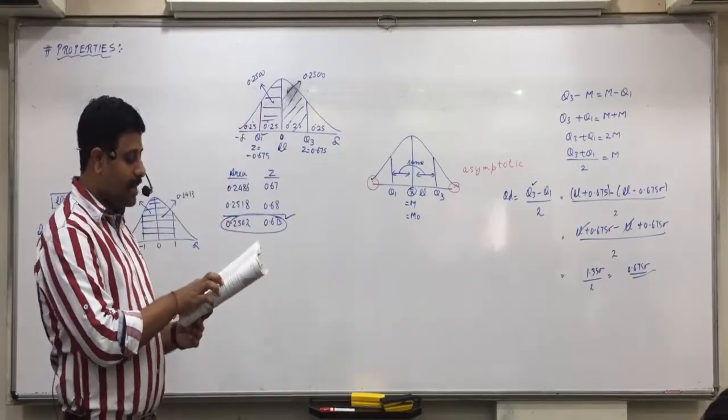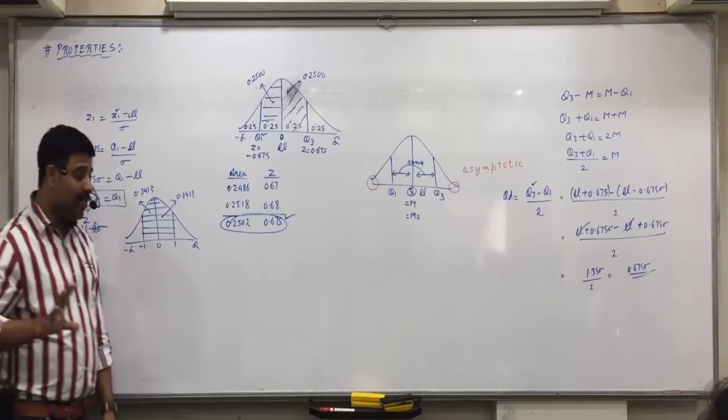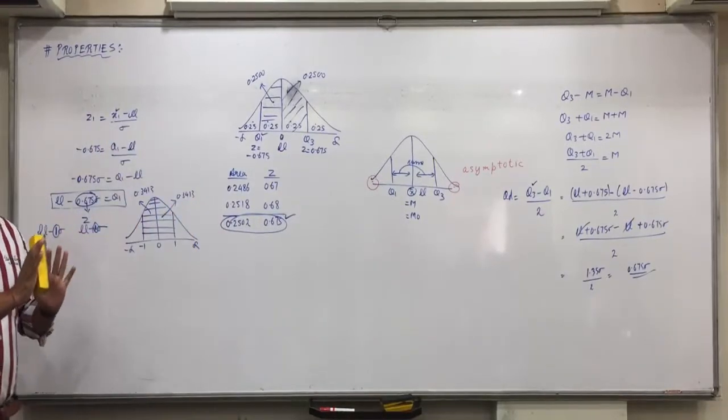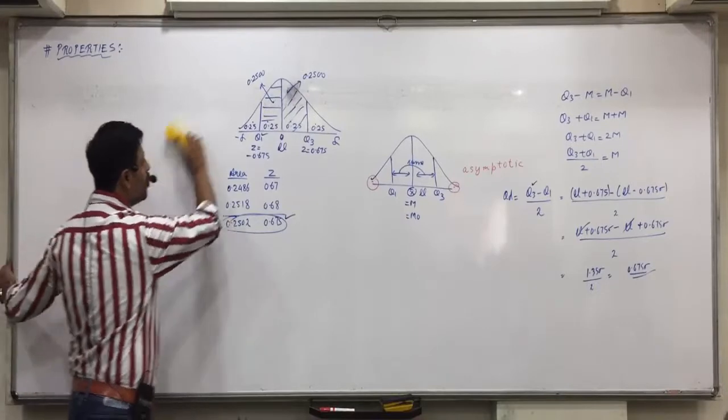Minus 1.96 and plus 1.96, 0.95. And minus 2.575 and plus 2.575, 0.99. Did you understand this, everyone? Any doubts? As I said, 4 properties are important to remember when we solve the questions. All the properties, how they are obtained, everyone has seen. We'll write only the 4 which we picked in the notebook.